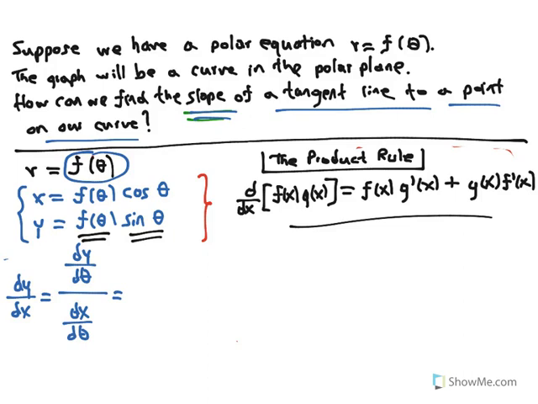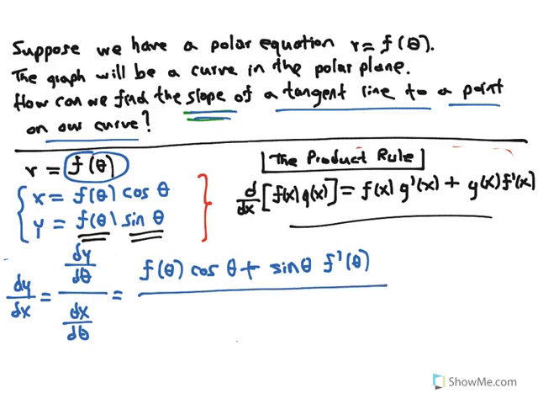So we will have the first function, f of theta, times the derivative of the second function, the derivative of sine is cosine, plus the second function, sine, multiplied by the derivative of the first function, f prime of theta. All of that divided by dx d theta, and we can find dx d theta by using the product rule.